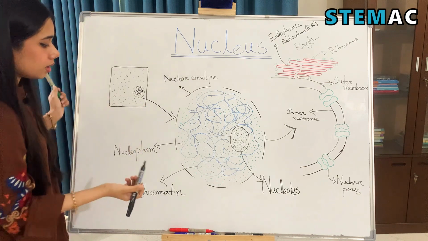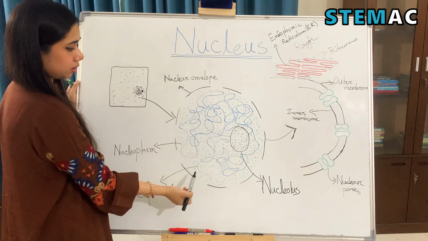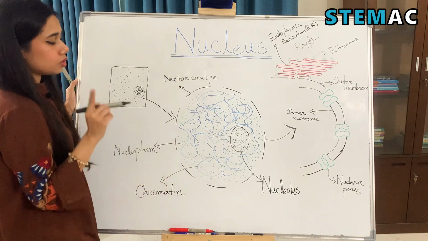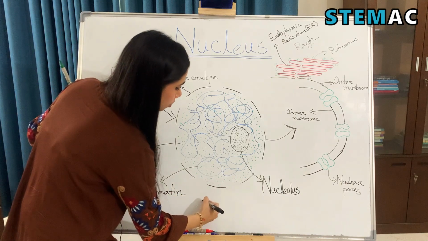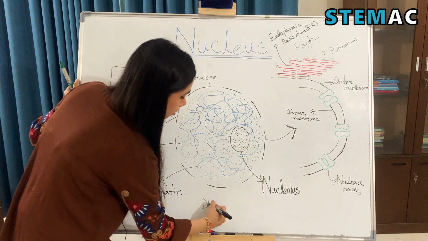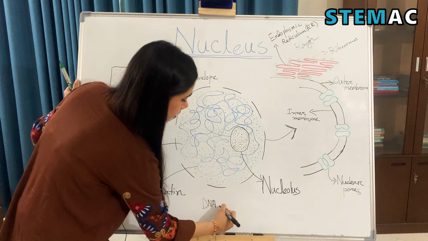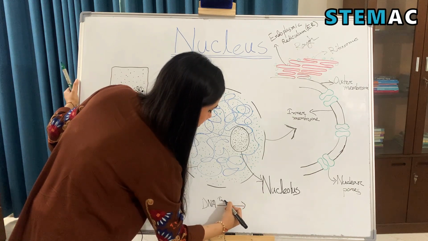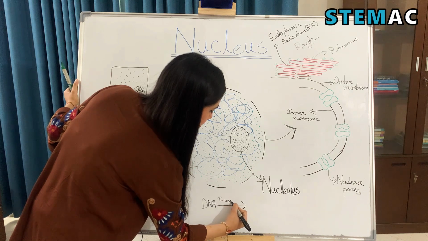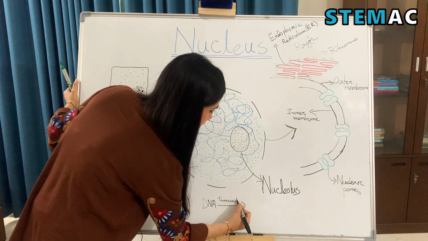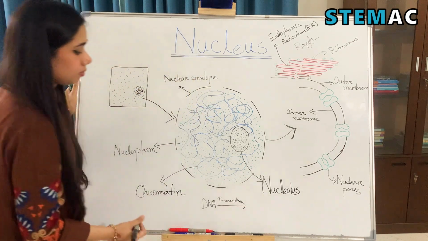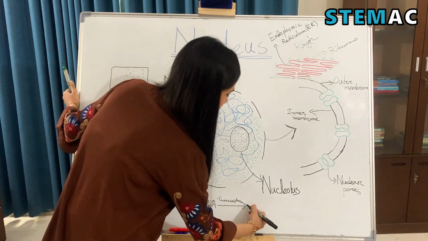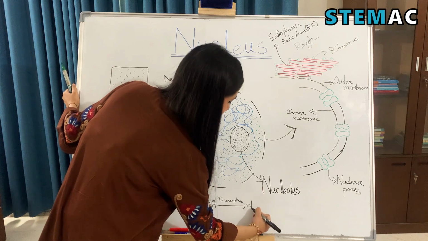So, we learned that the nucleus contains chromatin, right? And chromatin contains DNA. So, DNA goes through a process of transcription. With the transcription process, the DNA is converted to messenger RNA, or mRNA.